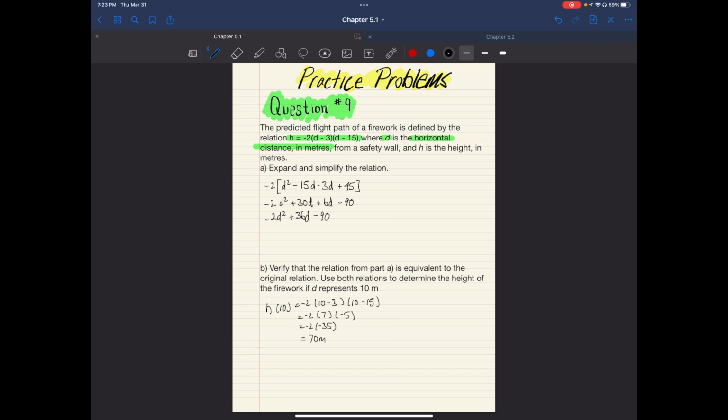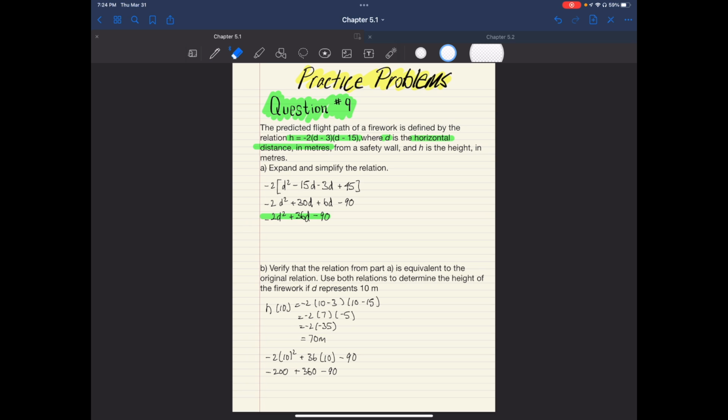Right? Now, if we plug it into our equation, so we have -2 times 10 squared plus 36 times 10 minus 90. That's going to be -200 plus 360 minus 90.